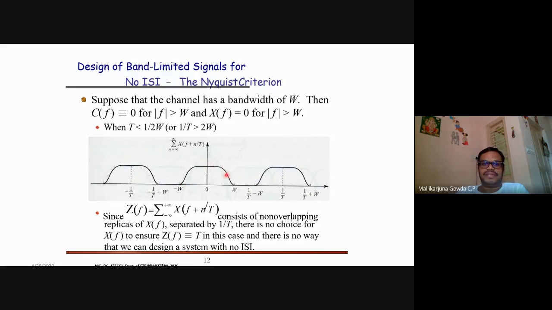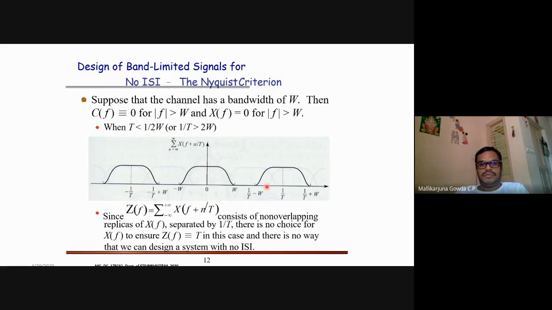This is my x of f, which is equal to c of f also. What is x of f? It is the Fourier transform of the signal, meaning the output of the receiving filter also. Three things you can understand. Another one is that the frequency response of the channel is also like this, and its bandwidth will be 2W. So what I am thinking here, when t is less than 1 by 2W or 1 by t is greater than 2W, it repeats every 1 by t.